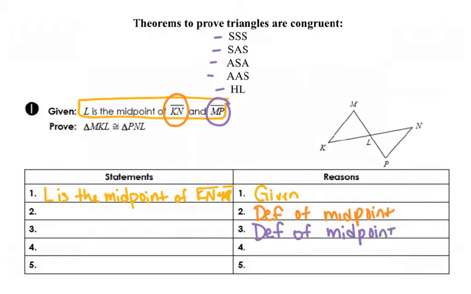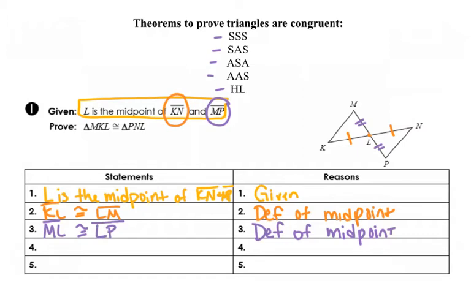Alright, so if you know what a midpoint is, you should be able to figure out the statements. If L is the midpoint of KN, then these two sides must be congruent. So KL has to be congruent to LM. If L is the midpoint of MP, these two sides must be congruent. So ML has to be congruent to LP.